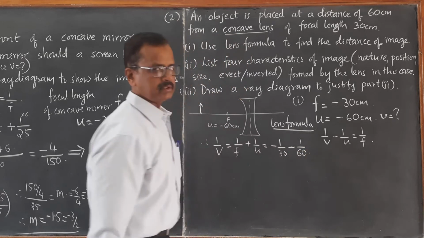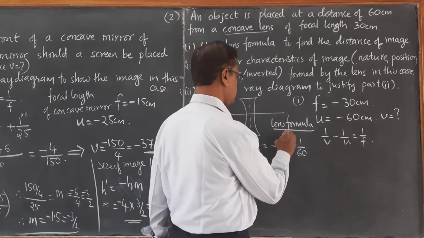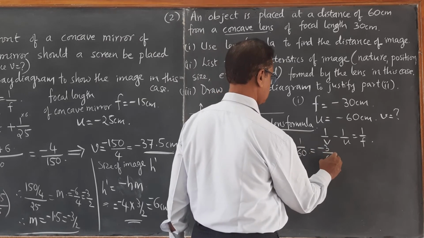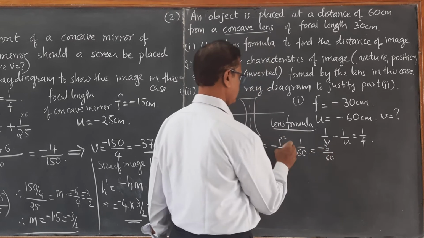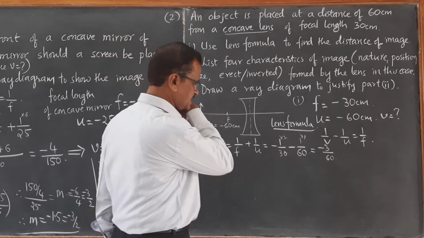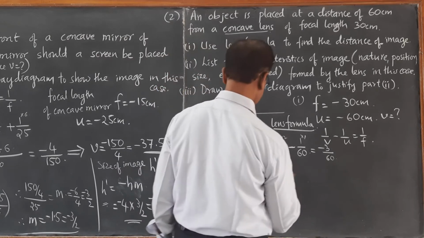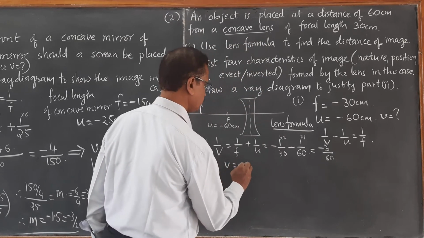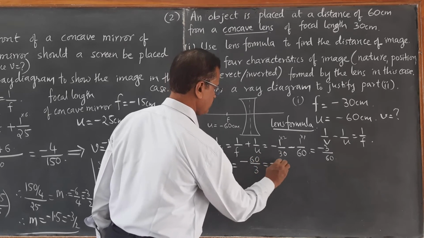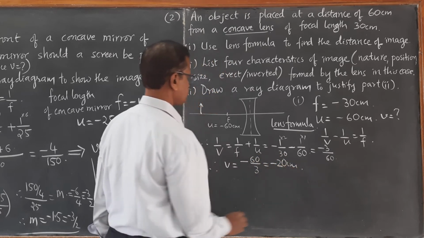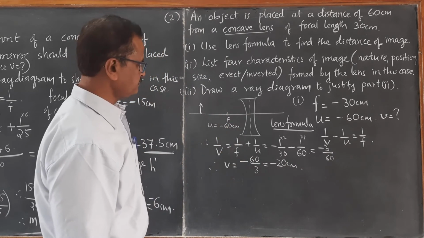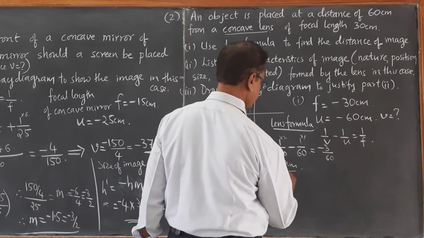Both are negative, so they will be added. So it becomes minus 3 by 60. Therefore, V equal to minus 60 by 3, that is equal to minus 20 centimeter. So the image is formed somewhere close to the focus, right? So this becomes the image distance.